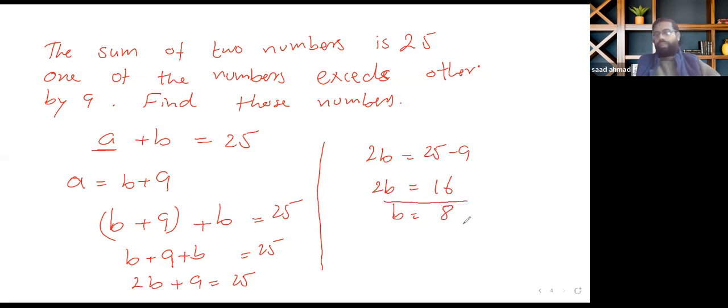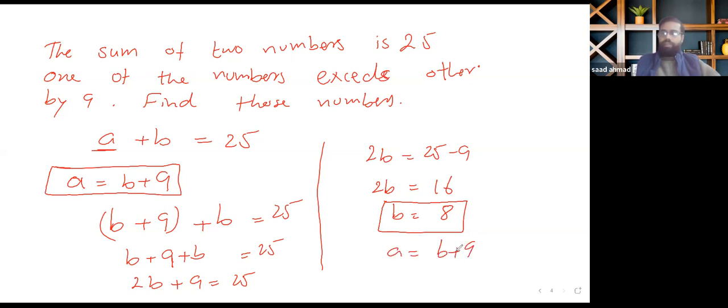So now one of the numbers is 8, right? That's the b. How can we find the a? We can find the number a from here. So a is equal to b plus 9. All right. So it means that b is 8, right?